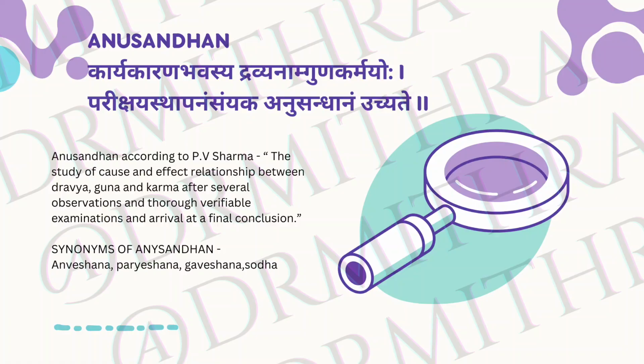Synonyms for Anusandhana include Anveshana, Pareekshana, Gaveshana, and Shodha, which are all terms that convey the same meaning, like search or investigate. So this shows that science and systematized inquiry have always been a part of Ayurveda too, not just modern science.